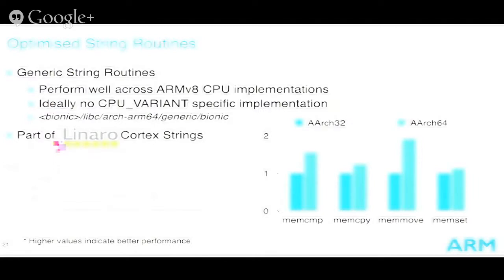For ARM32, we have memcpy variants for Cortex-A15 or Cortex-A9 and so on. For the ARM64 port, we very much encourage using a generic string routine optimization. This is something that should perform well across ARMv8 CPU implementations. And ideally, we wouldn't want to see any CPU variant specific optimizations like we do for ARMv7.